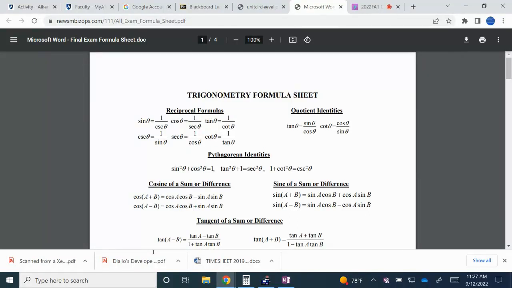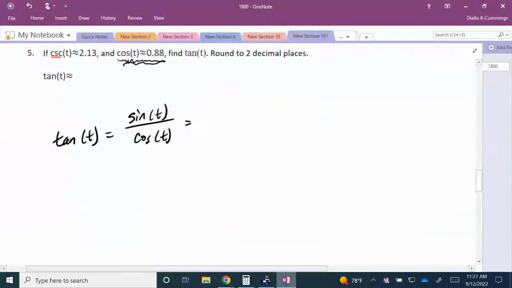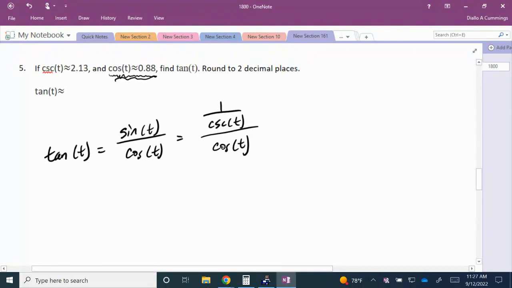So in that formula, I'm going to substitute the sine with 1 divided by the cosecant. Right? And we know the value of the cosecant, so based on that value, we can find the sine. So this is going to equal 1 divided by the cosecant, which is 2.13, divided by the cosine, which is 0.88.